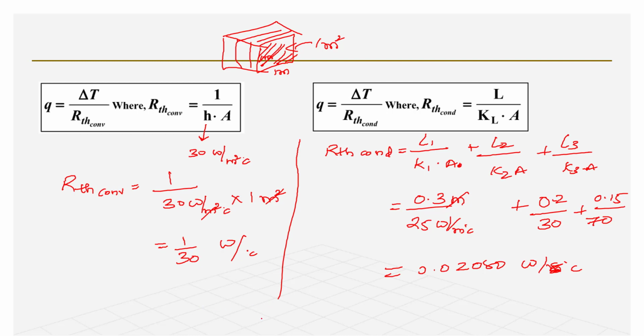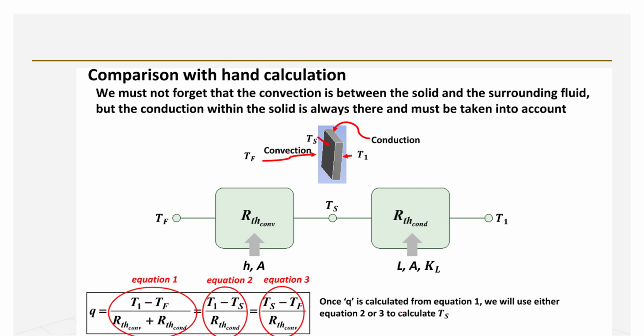So the total resistance will be equal to 1 by 30 plus 0.02080. Total RTH convection plus RTH conduction comes out to be 0.05414 degree Celsius per watt. Now let's put that in equation number 1, right? Q is equal to T1 minus TF upon RTH convection plus RTH conduction.